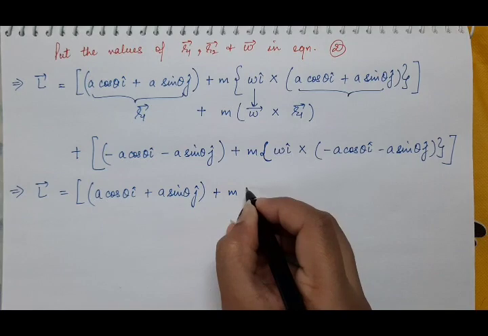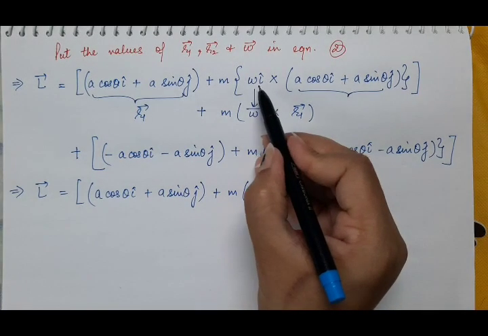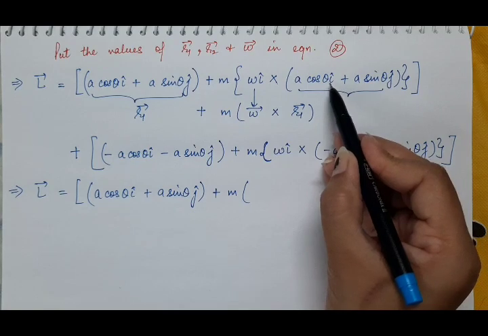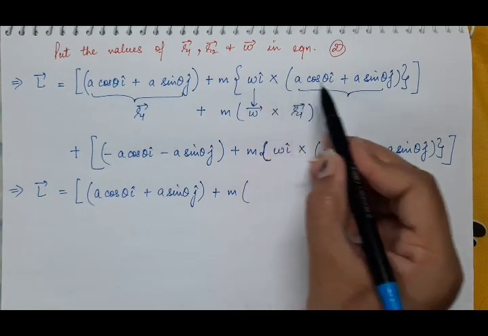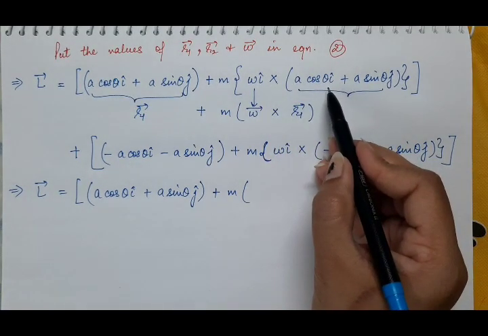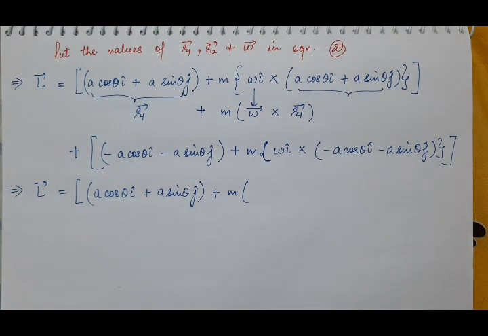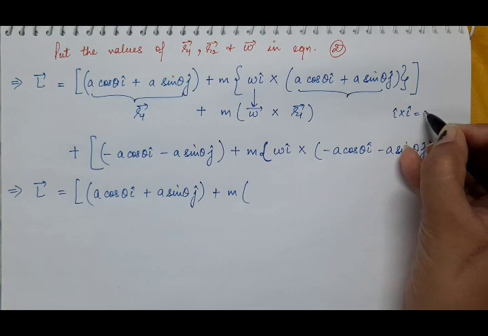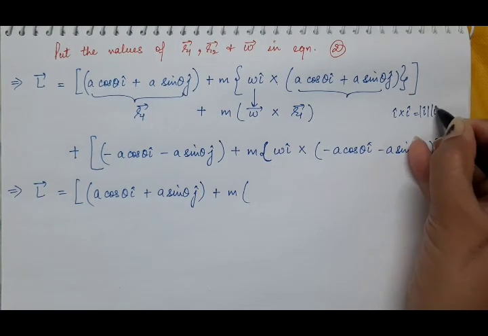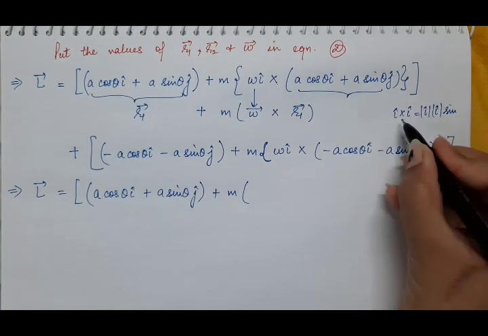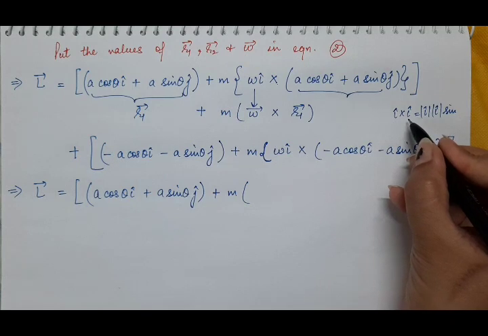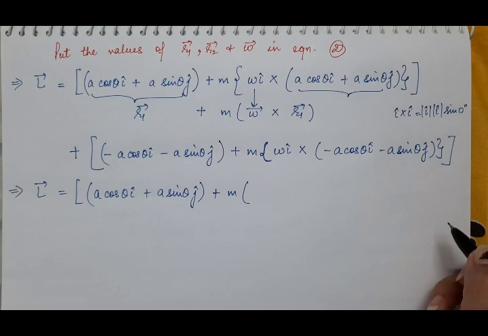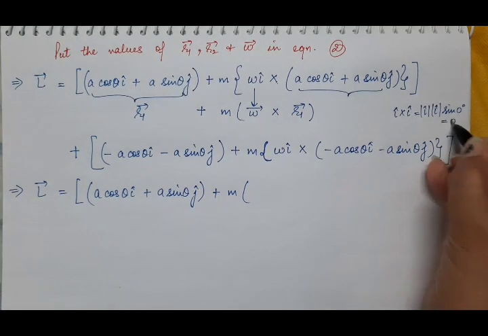plus m. Here you can see i cap cross product with i cap. We have the magnitude of i cap into magnitude of i cap into the sine of the angle between the two. The angle of a vector with itself is always 0, and we know that sin 0 is 0.